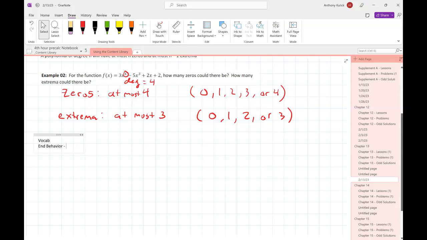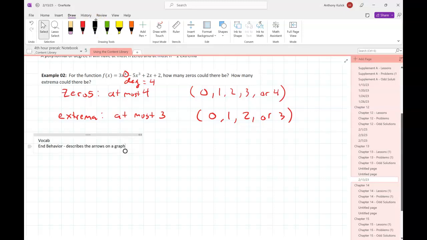Do you remember what end behavior is? So the end behavior is just basically describing what the arrows are doing on your graph. Is that like the positive infinity? Oftentimes infinities are involved with this, sure.